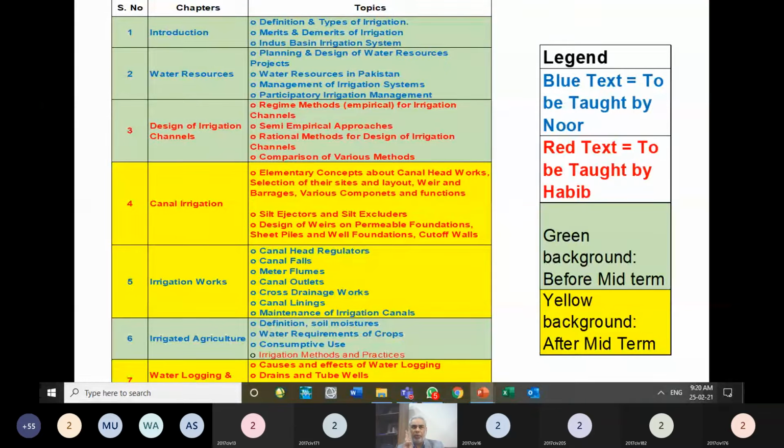You have covered two formulas, if you remember. One was the Thiem formula, and one was the Theis formula. One related to calculating the discharge if the condition is steady in the tube well, in the pumping well. If the steady condition is there, we used to use the Thiem formula, and if the unsteady state is there, then the Theis formula is used.